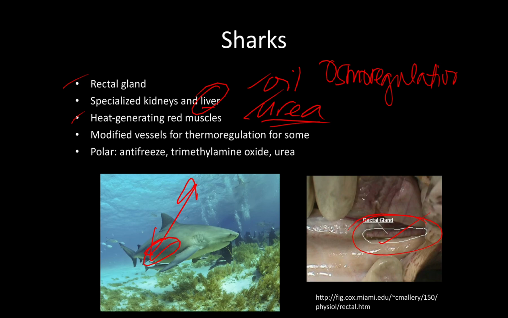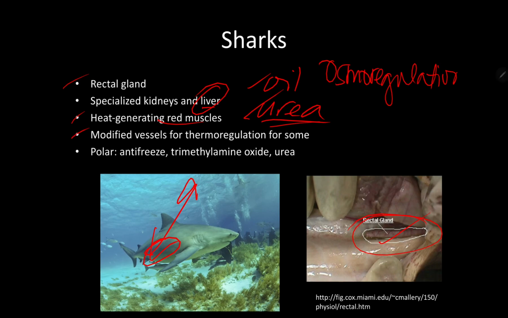Okay, they also have white muscles, by the way. These white muscles are used for short bursts of speed, whereas the red muscles are the default ones that they use when they swim at normal speeds. Okay, so this means that when they swim at normal speeds, then they're constantly generating heat.